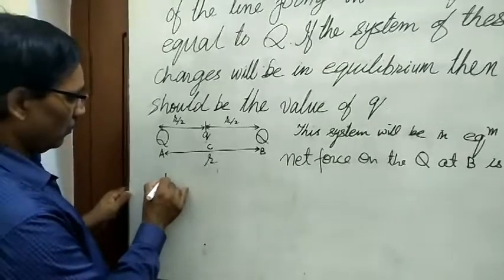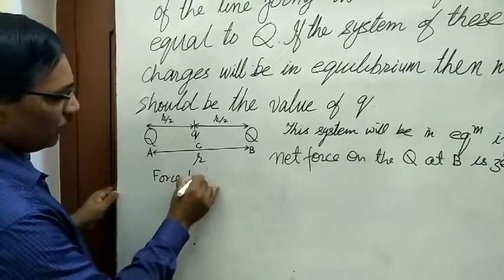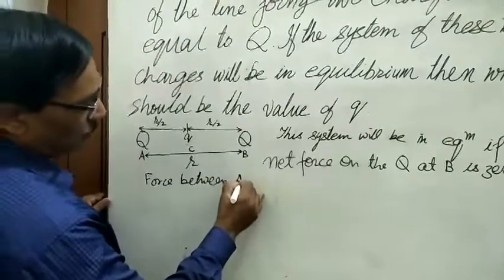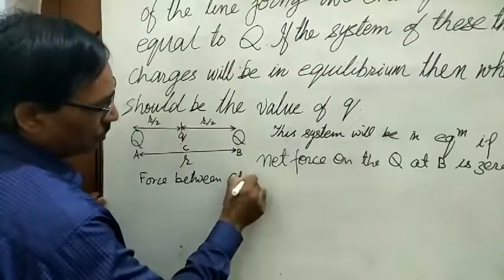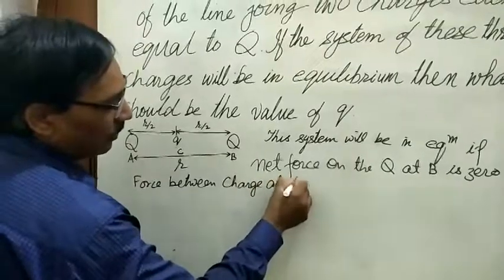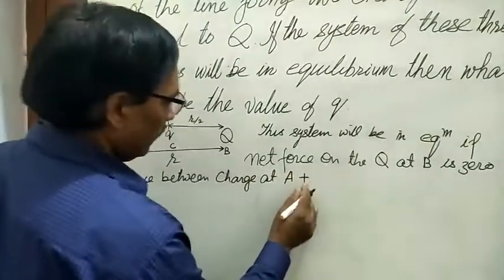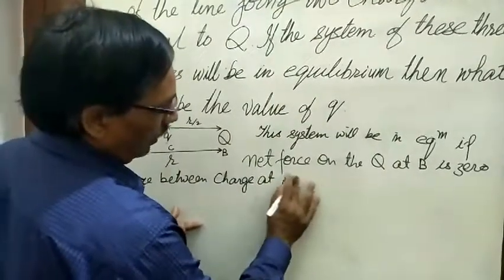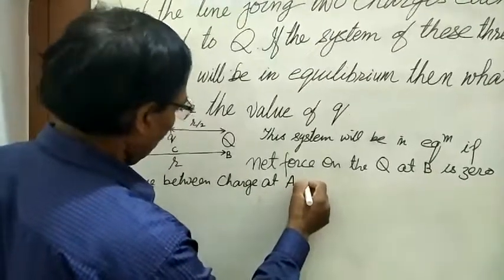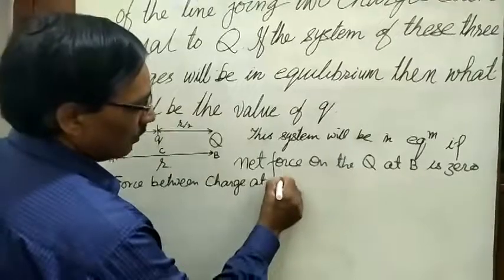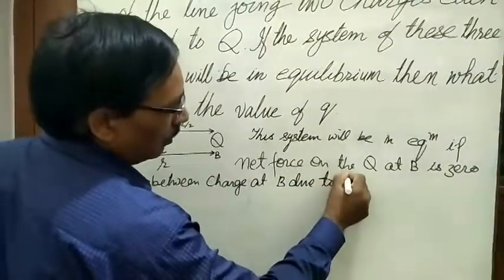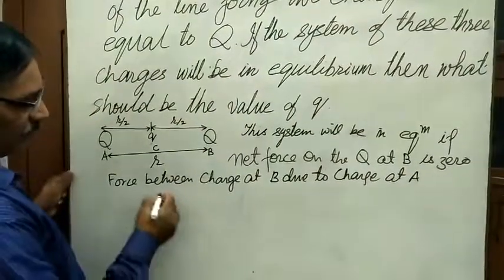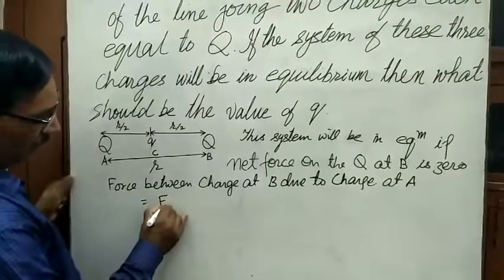That is, the force between the charge at A and B, the force at B due to the charge at A. Suppose this is FBA.